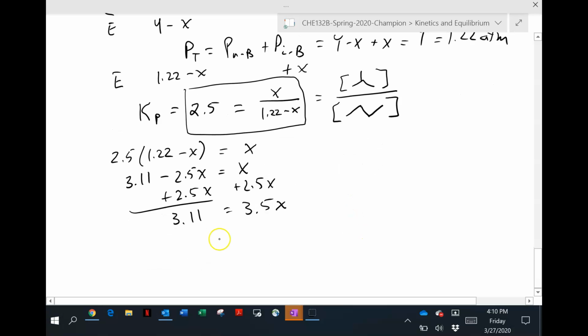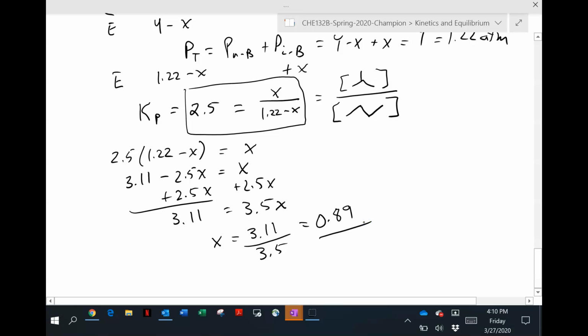And so x is going to be equal to 3.11 divided by 3.5. And that comes out to be 0.89 basically.